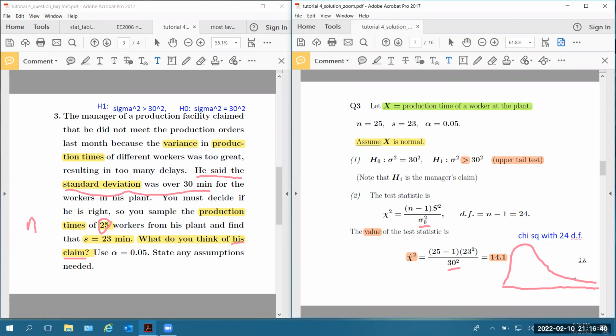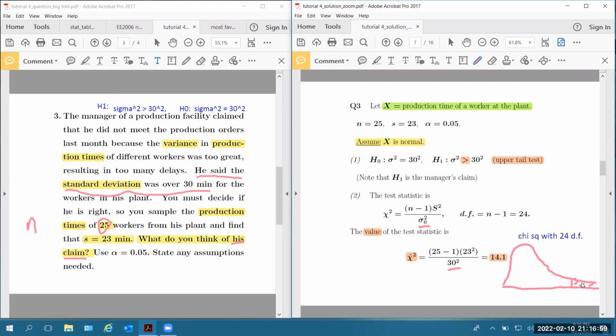So this is chi-square with 24 degrees of freedom. I'm going to put in the rejection region, which I know is an upper tail test. Upper tail means this tail, the one that I'm shading.